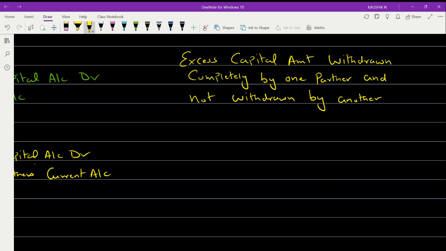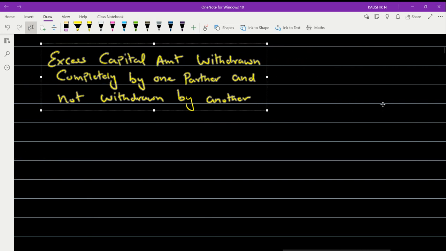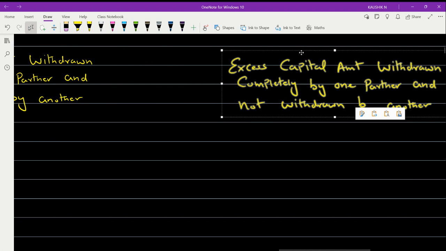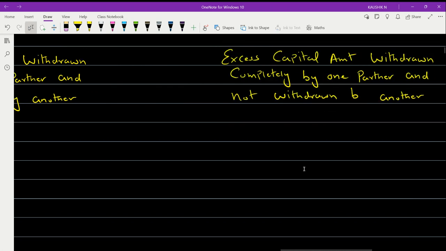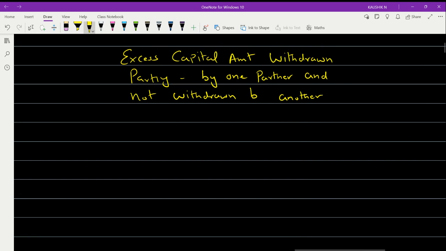The next one, in this itself, I'm going to write the next one also. What is the next one? Excess capital amount withdrawn partly, instead of completely, by one partner and not withdrawn by another.